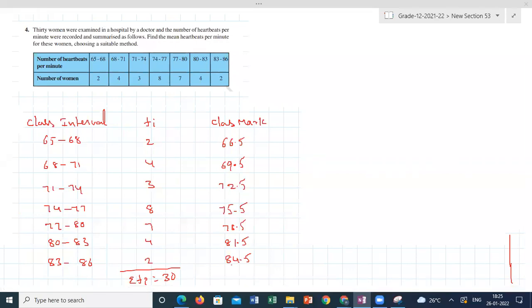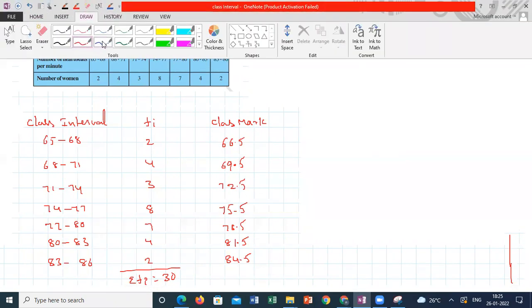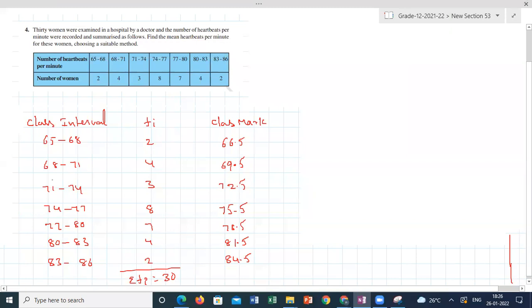Next, you have to assume a mean. What is important is how I am assuming it. The least is 65 and the greatest is 86. The mid value is approximately the average of 65 plus 86. This is your wish. You can take some other mean value also, not a problem, but try to take the mid value.